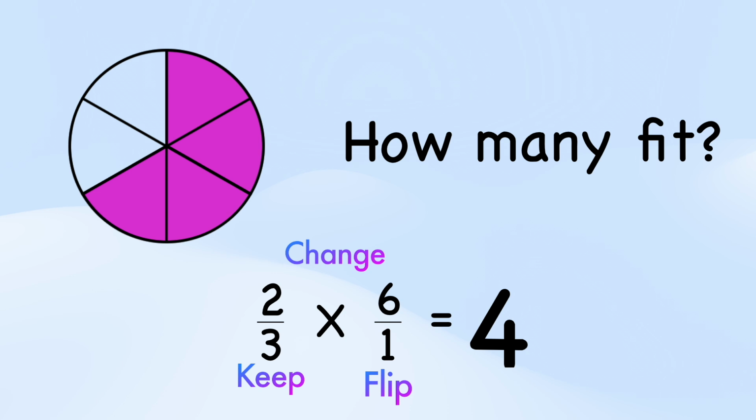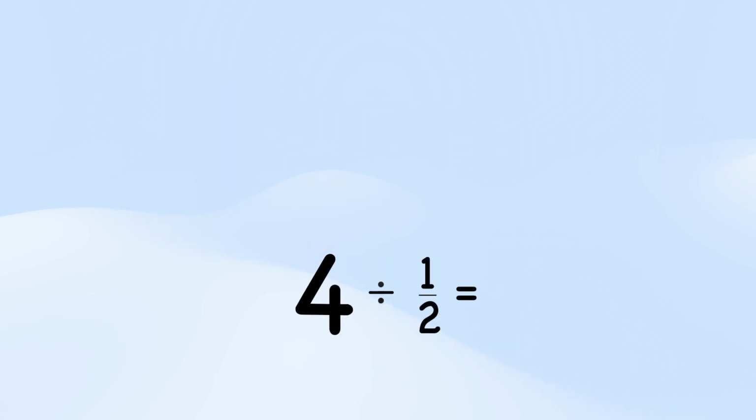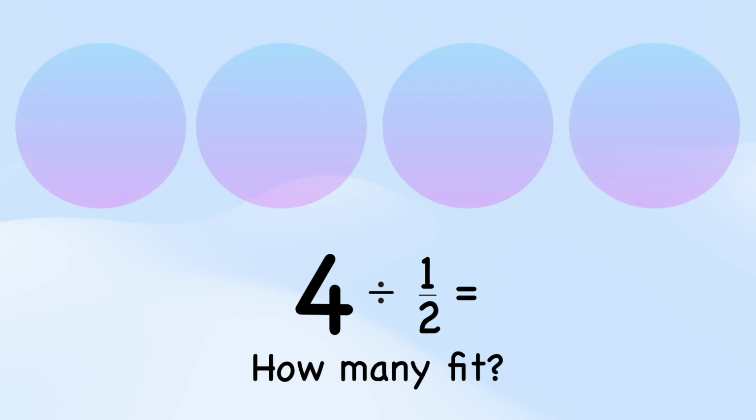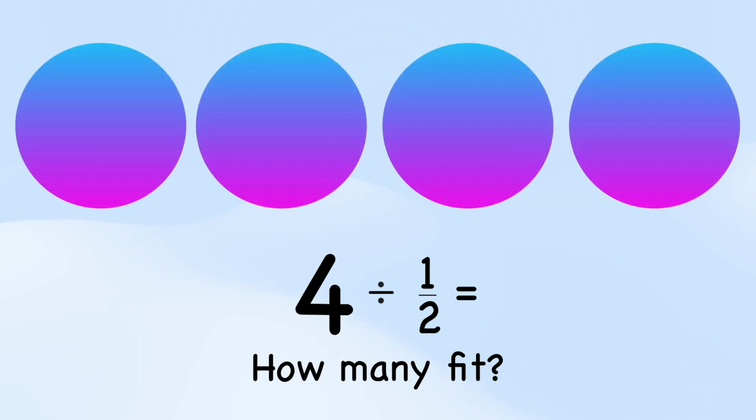Let's go back to that original problem we started with, 4 divided by half. Take a second and think about how this is going to work. We are going to ask ourselves how many fit. We'll start with our 4 objects, and we'll remember keep, change, flip.